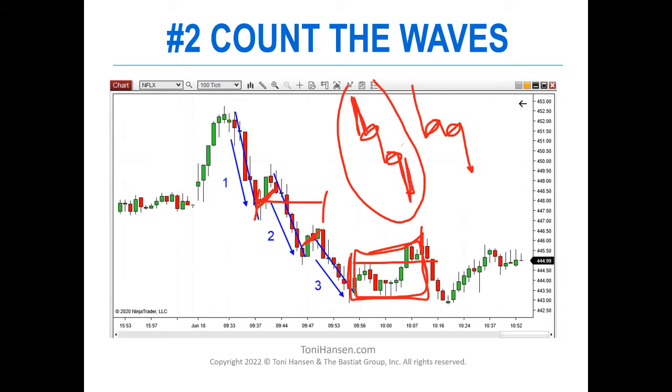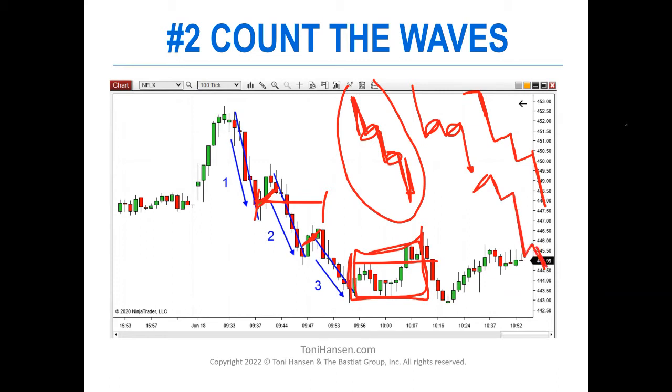Because what can happen is that this middle one can be many different sizes. You will end up with a situation, for example, where it can be a really large move, a shorter move, and a larger move again. You can end up with a short move, a large move, and a short move.